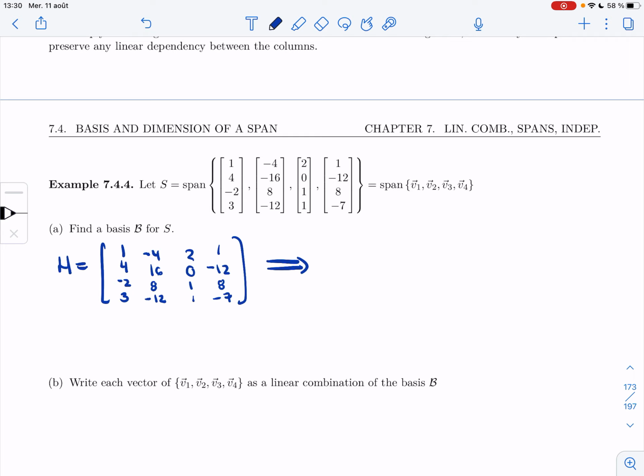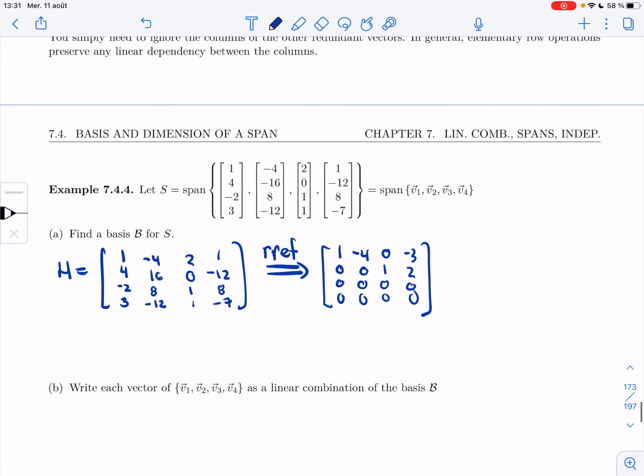So I need to reduce this to RREF, just because that's going to make the next few questions easier to solve. So I'm getting 1, 0, 0, 0, then minus 4, 0, 0, 0, 0, 1, 0, 0, and minus 3.